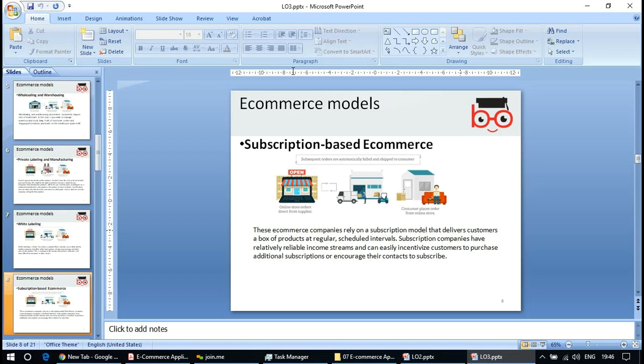Have you seen this on Amazon? Yeah, I have. So subscription based e-commerce again gives the customers a kind of relief.